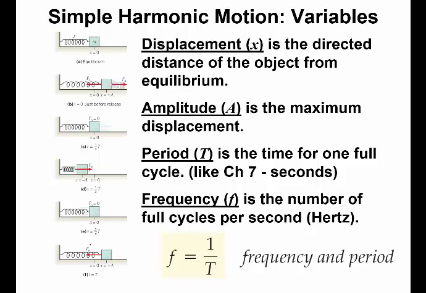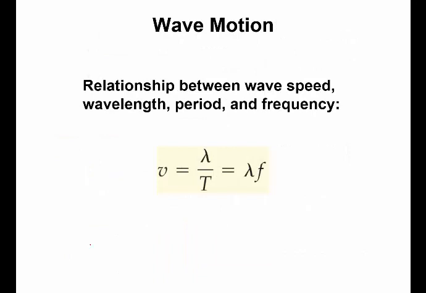And then frequency, just like chapter 7, is the number of cycles per second, or hertz, and frequency is 1 over the period. All stuff that we've seen before, the spring and the box moving. Most of these terms, except for the amplitude term, are from previous chapters. We're just going to look at them in a way that's a little different.